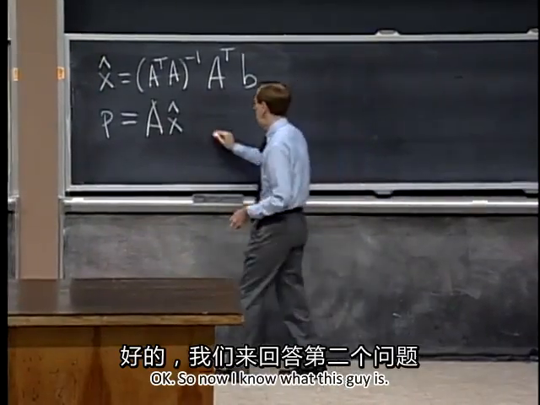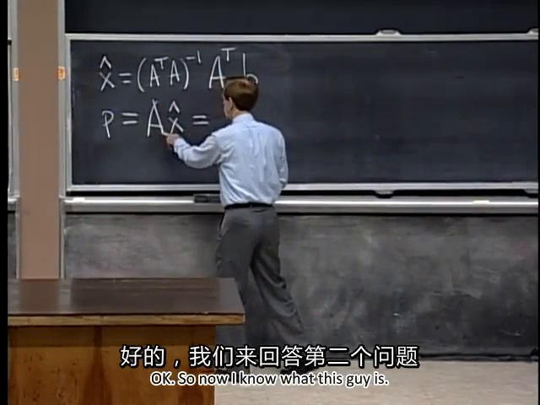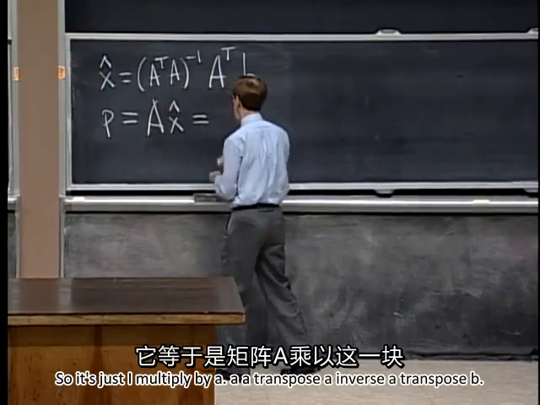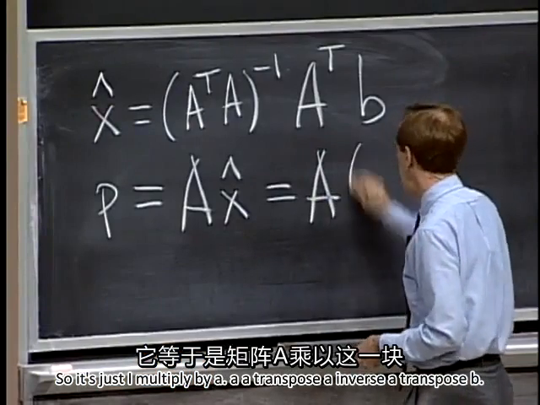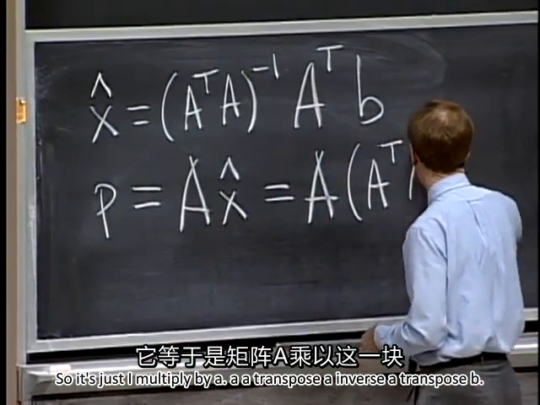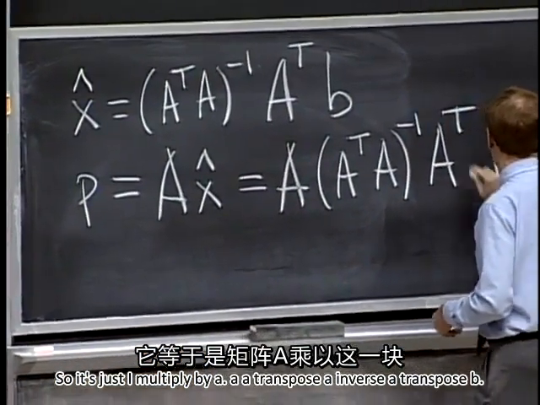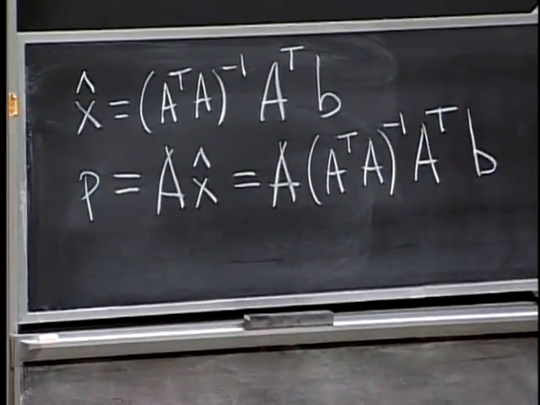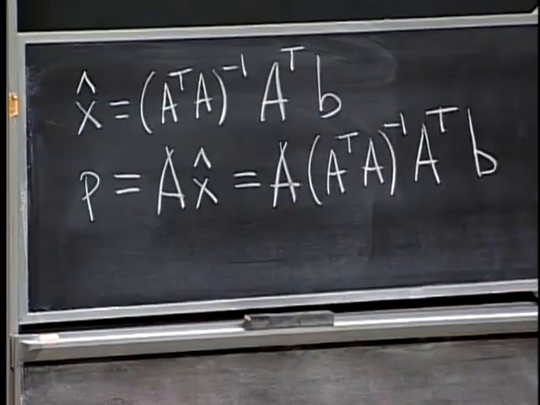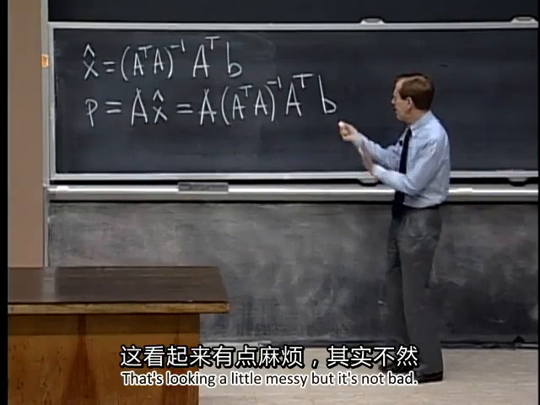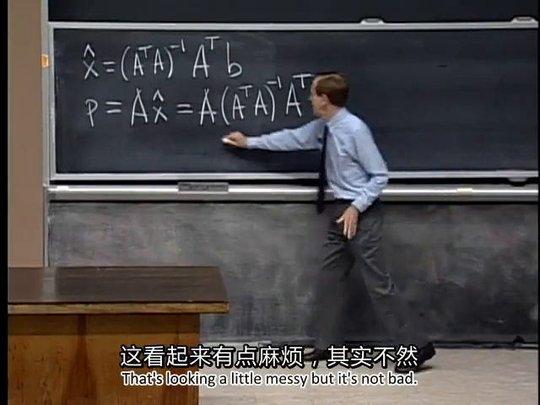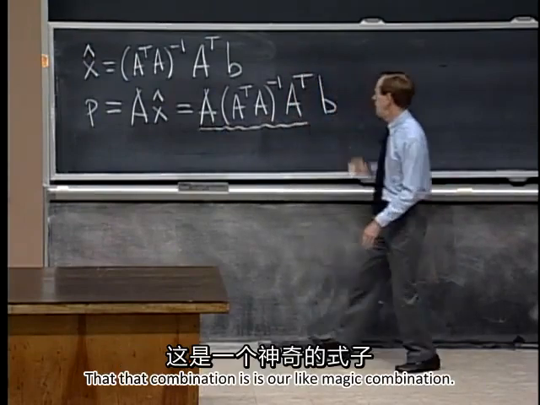Now I found them. So I just multiply by A: A (A transpose A) inverse A transpose B. That's looking a little messy, but it's not bad.